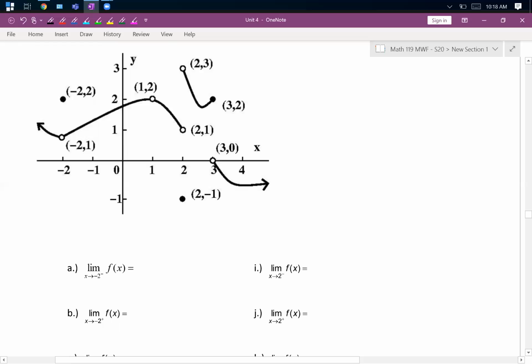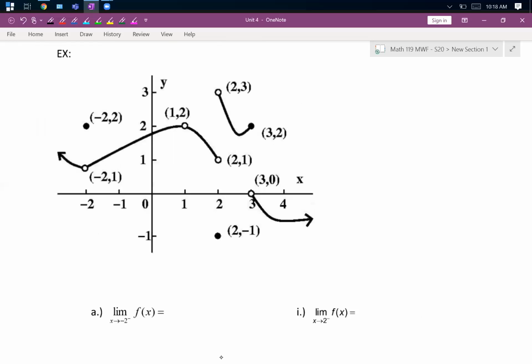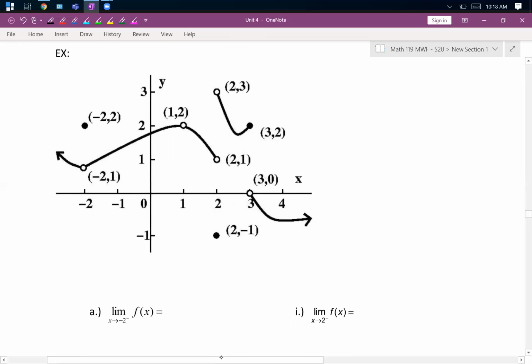All right, in part A, we want to find the limit as x approaches -2 from the left. So the first thing we have to do is be able to read the notation. Everybody comfortable with the notation? All right, so in part A, we're going to follow our graph and look. We're trying to figure out what y value we are getting close to as x gets close to -2 from the left side.